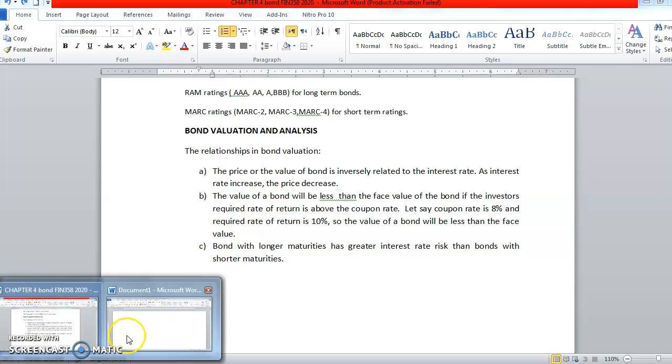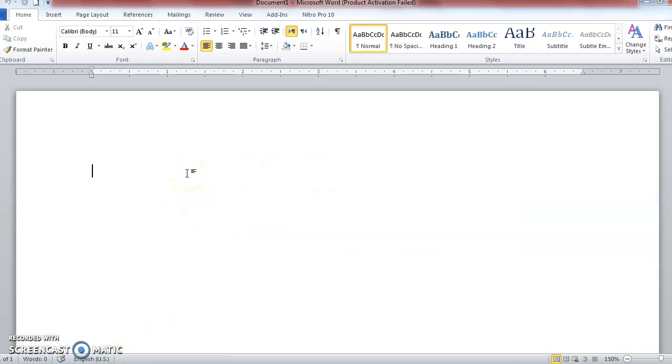Okay. So, for example, let's say the interest rate increases from 6 to 8%. At the moment the interest rate is at 6%, let's say the price of the bond is around 1,200, and once the interest rate has increased to 8%, the price might decrease, let's say to RM 1,000.